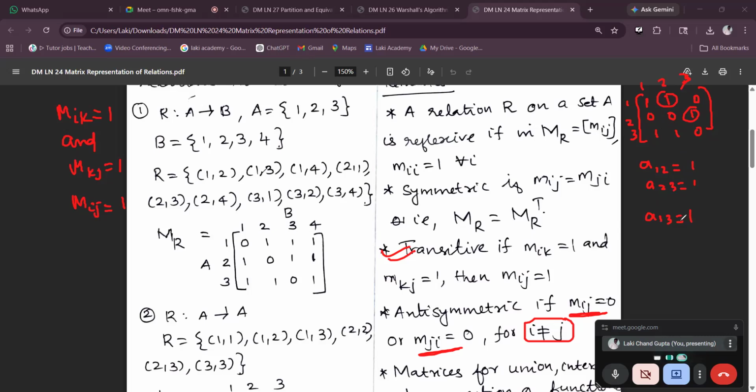So you cannot say this is transitive, right? For antisymmetric, if ij is equal to 0 or ji is equal to 0, then for i not equal to j. Okay? Yes. Note down this.